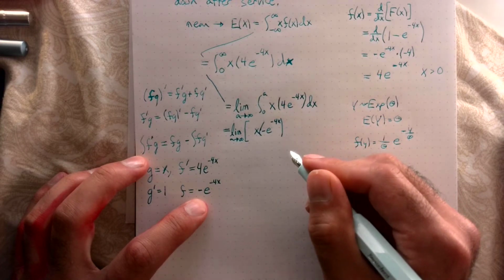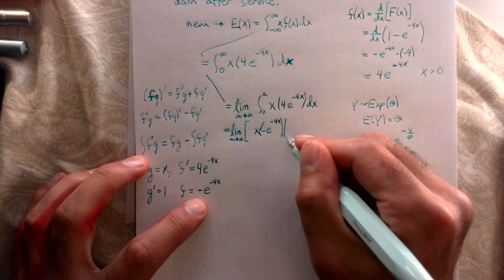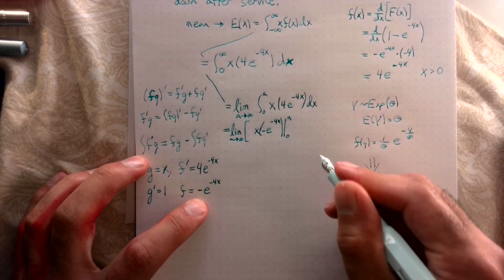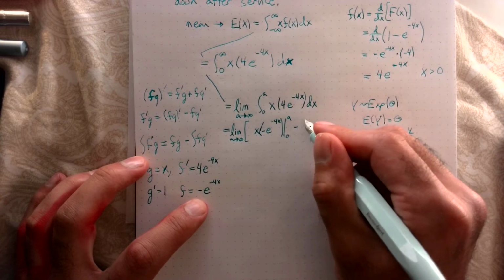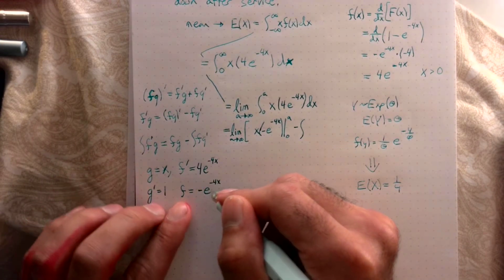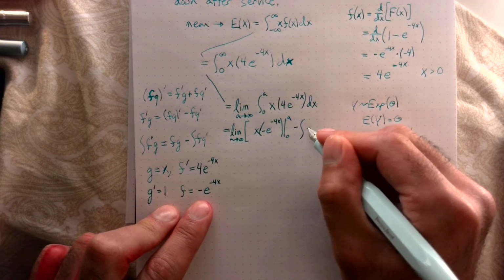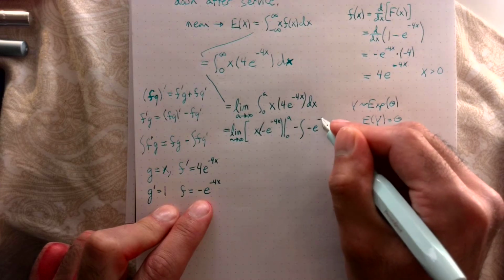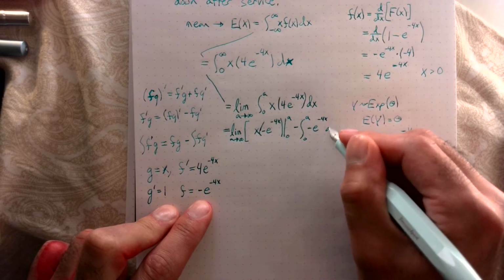And then I want to have this evaluated from 0 to a. And then this is going to be minus the integral of f times g prime. So g prime is just 1, so this is going to be the integral of minus e to the minus 4x, again from 0 to a dx.